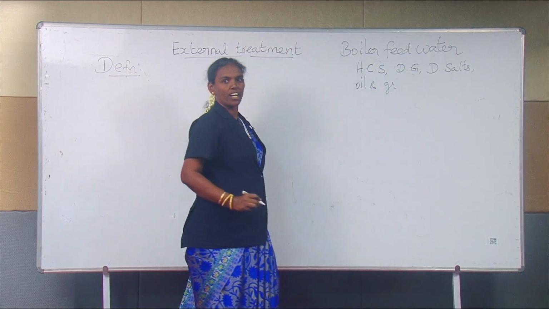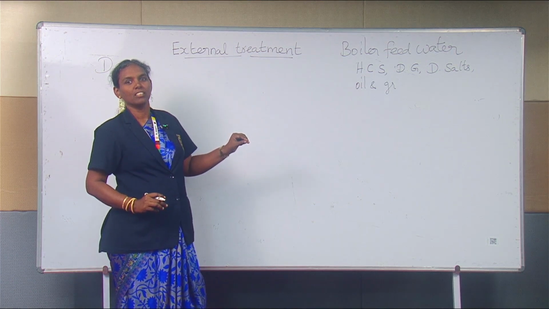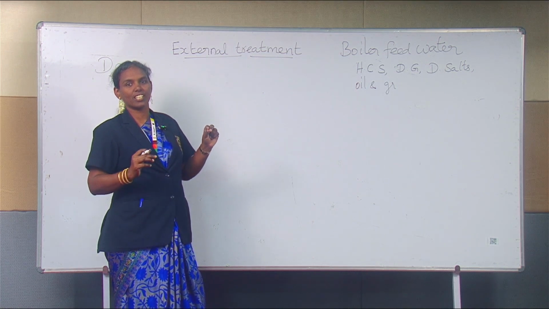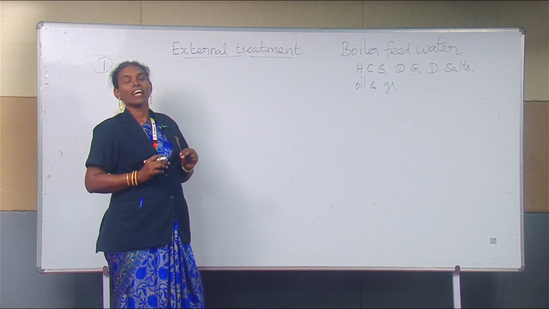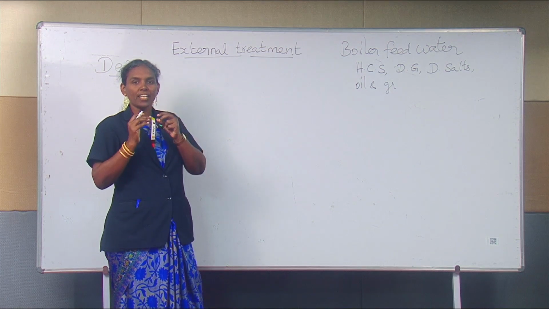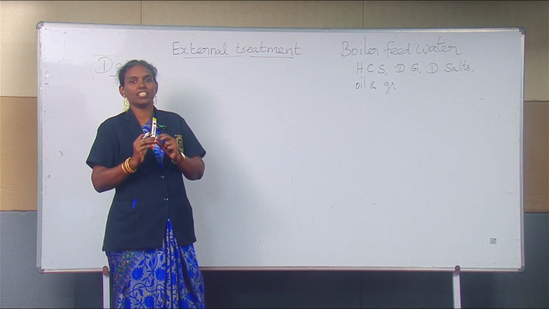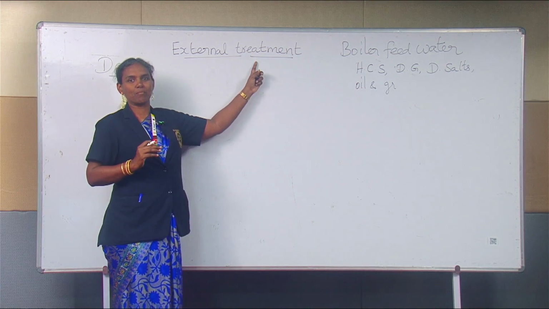If oil and grease are present, what will happen? Boiler troubles will arise: scale and sludge, priming and foaming, boiler corrosion, caustic embrittlement. To avoid these boiler troubles, we have to do external treatment.